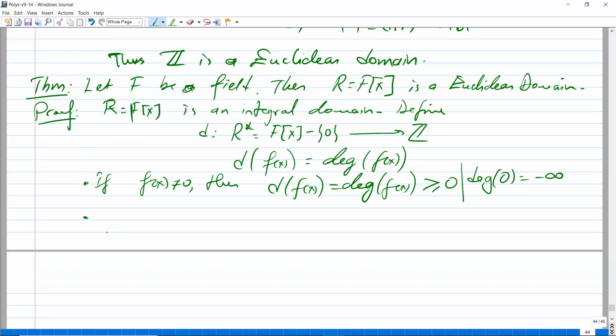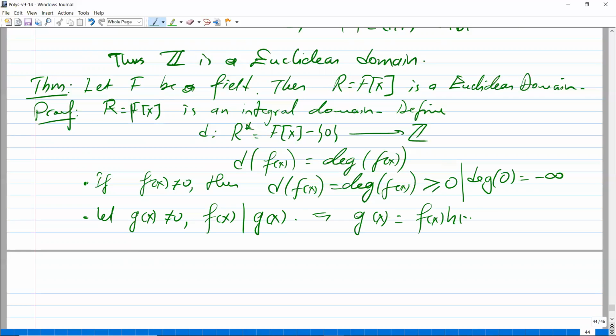Second, let g of x be a non-zero polynomial and suppose f of x divides g of x, so that we may write g of x as f of x times h of x. Since we are in a polynomial ring over a field, the degree of g of x is equal to the degree of f of x plus the degree of h of x.